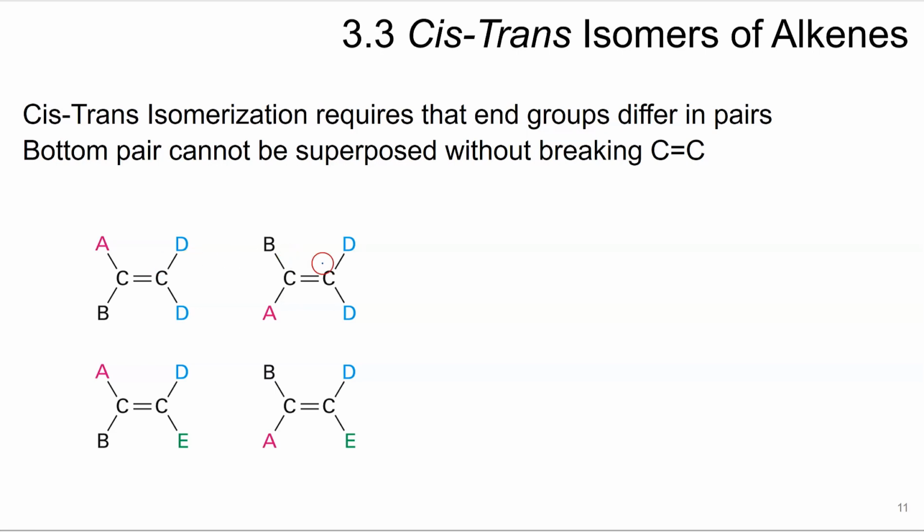So in these first ones here, if we flip this one over, we would get this structure. So these two are identical. If I flip this one over, these are not the same.